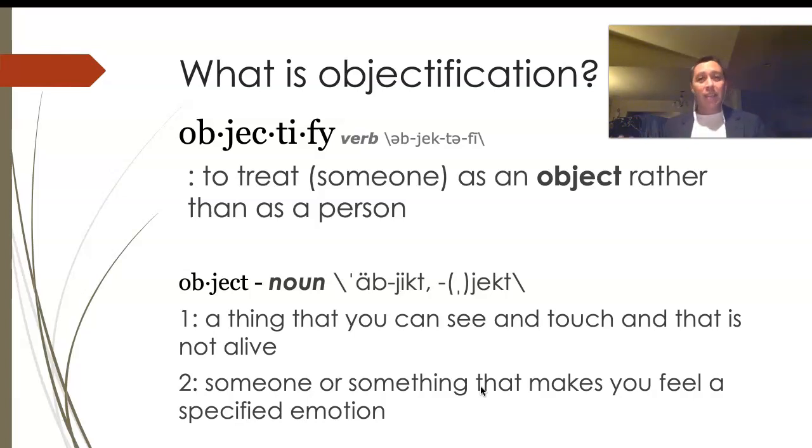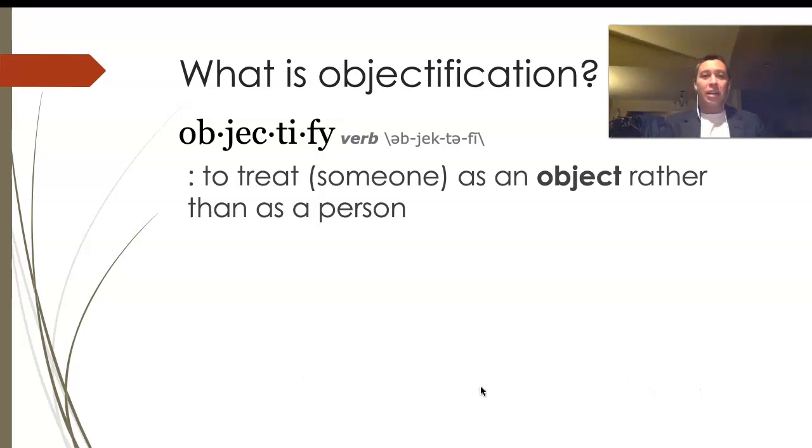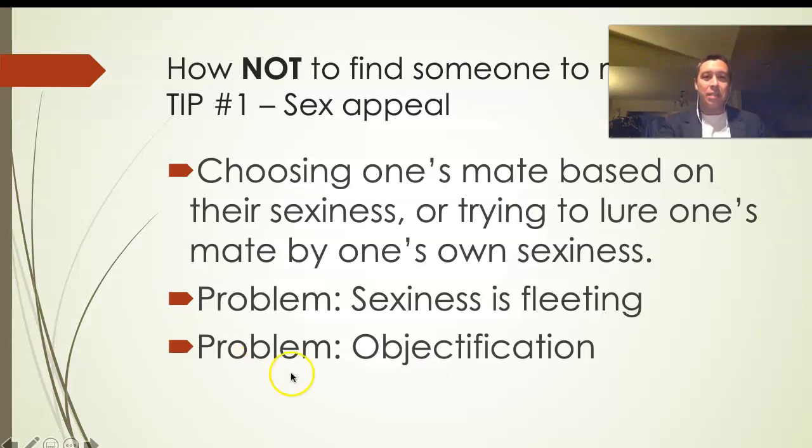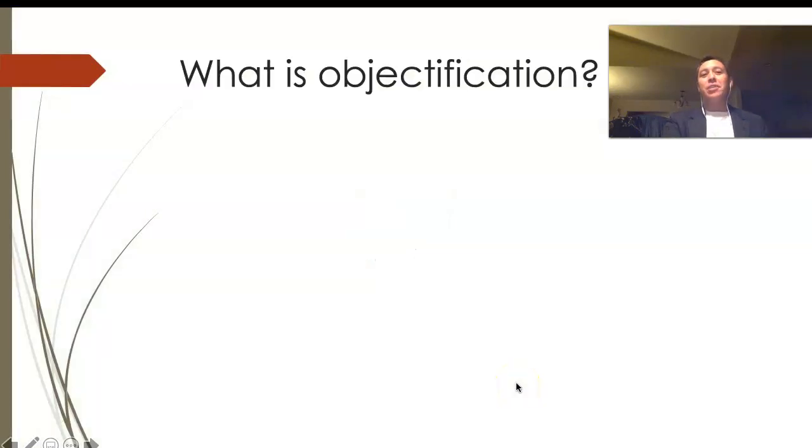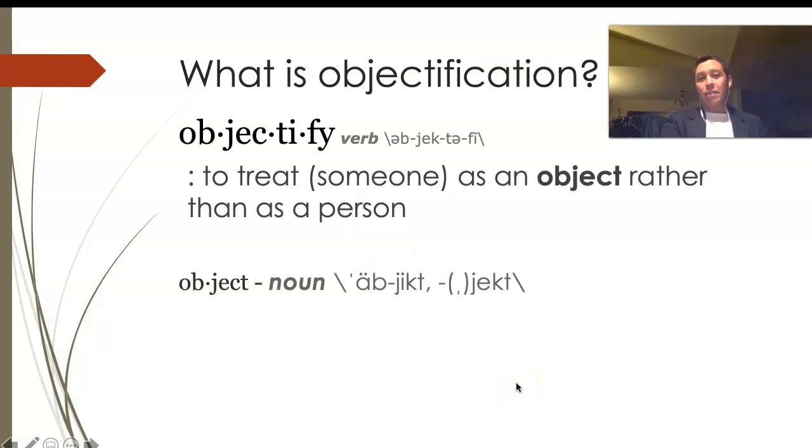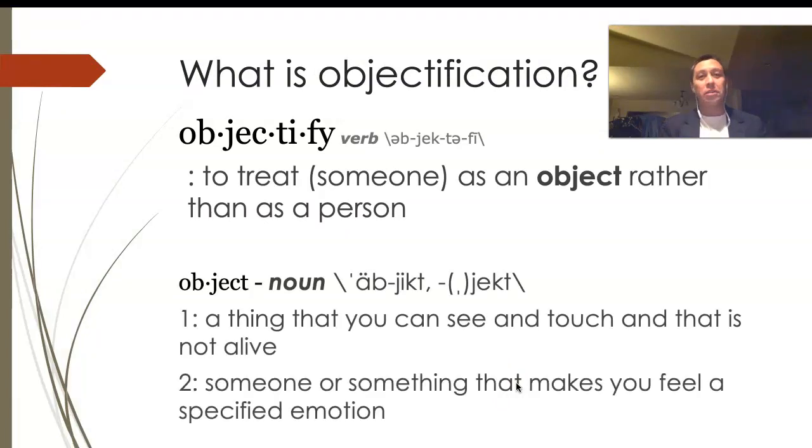So objectification, when we get fixated on sex appeal, one, we're investing in a relationship that's based off of something that will have an expiration date and die someday. And we're also doing something that reduces that person from being a human soul to just being a body that looks good and does things for me.